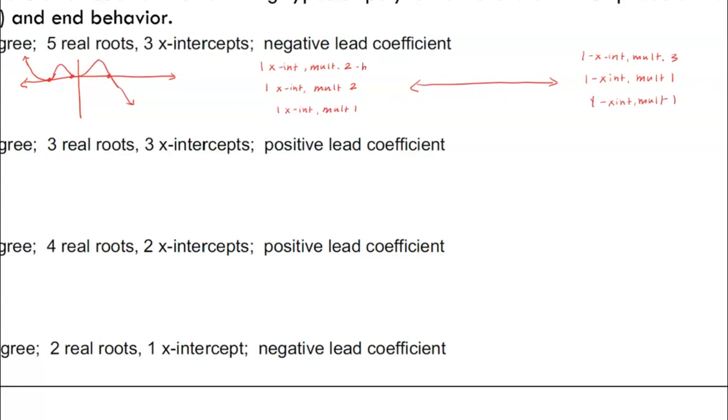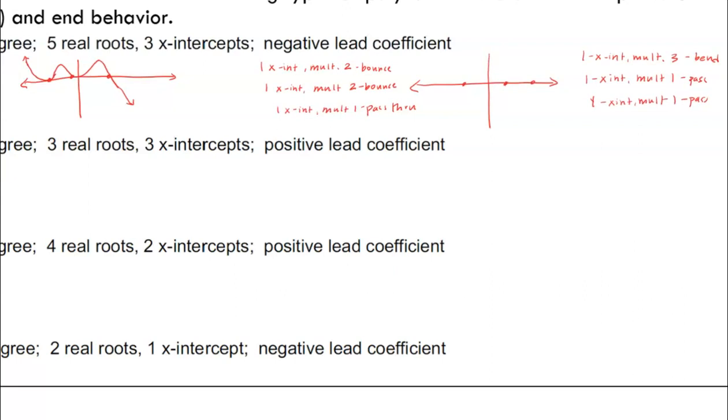So this is going to be a bend, and this is going to be a pass through, and this is going to be a pass through. So just put that, and I can put like, if I wanted to, 1, 2, 3. It doesn't matter how many.